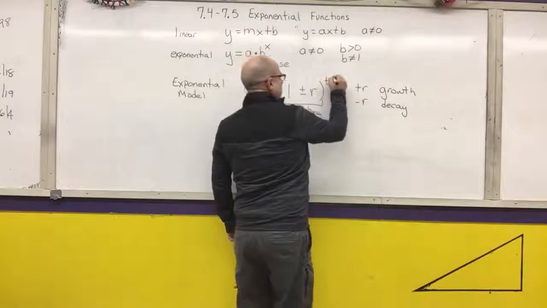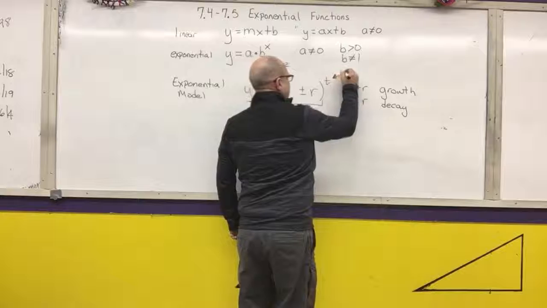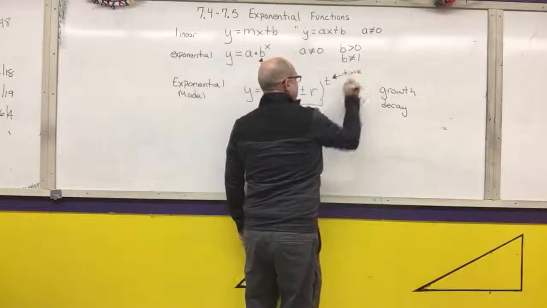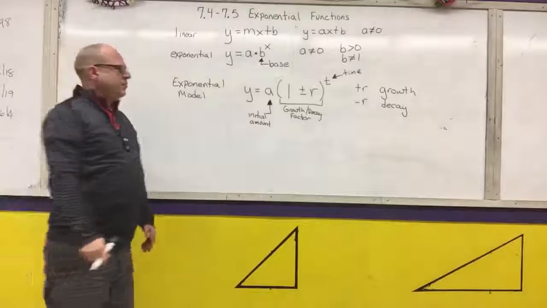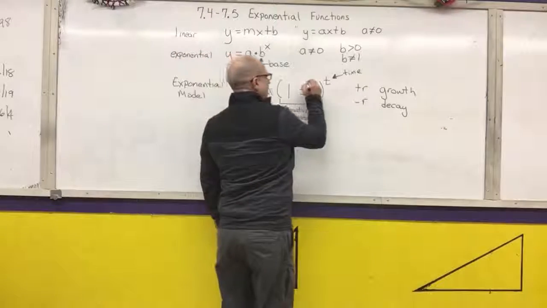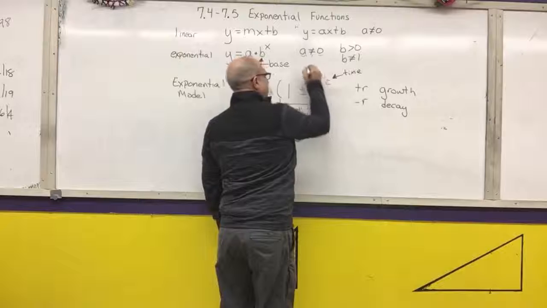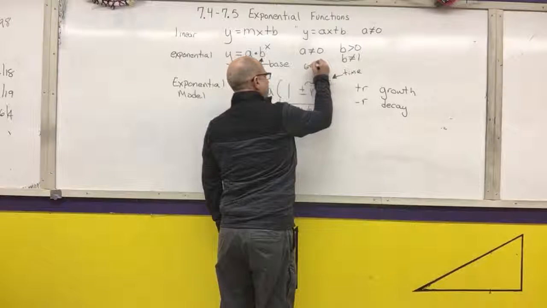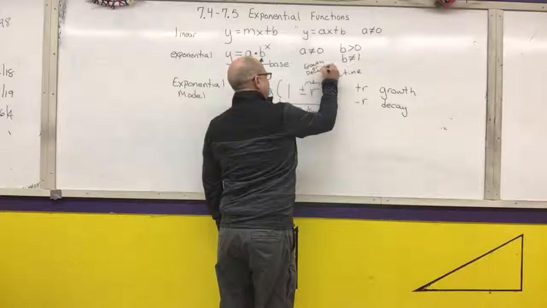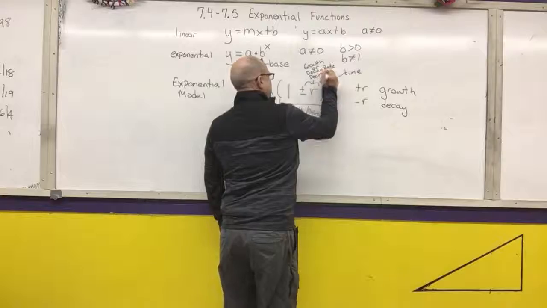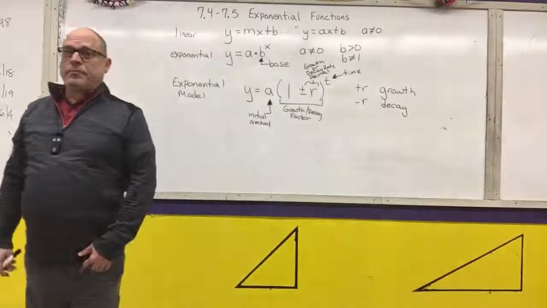T stands for time. And that time needs to be in the same units of time as your rate. And this r by itself is either the growth or decay rate. And this has to be a decimal. So if it's a percentage, you are going to change it.